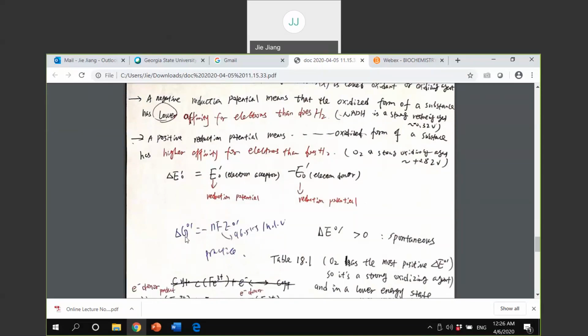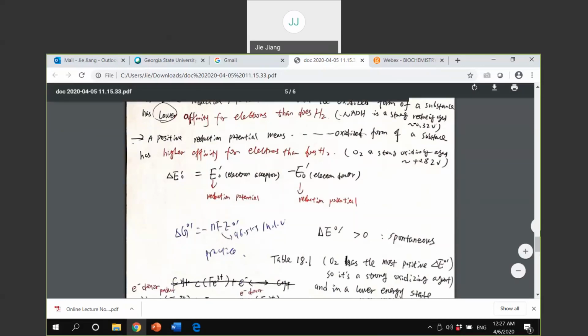That is here: delta G equals negative N times F times E. N is how many electrons are transferred, F is a constant called Faraday's constant, and E is the cell potential. You notice the negative sign here, and that's why when delta E is positive, the reaction is spontaneous.